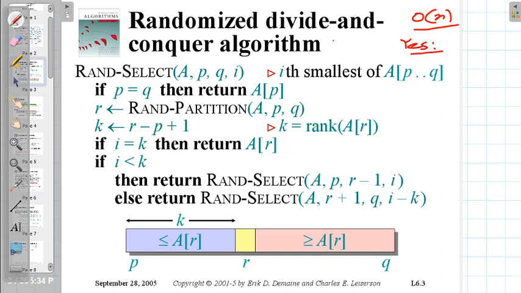One is the randomized divide and conquer algorithm, which runs in expected time, expected running time order of n.